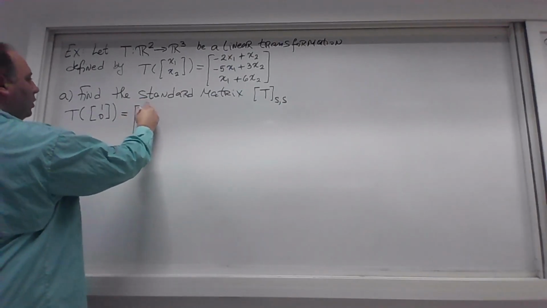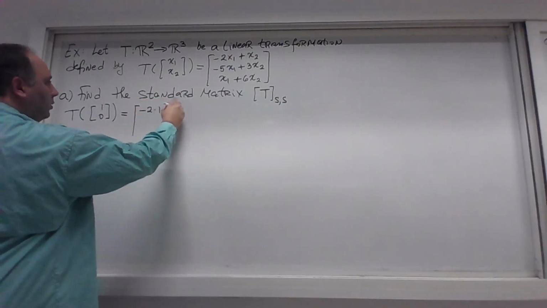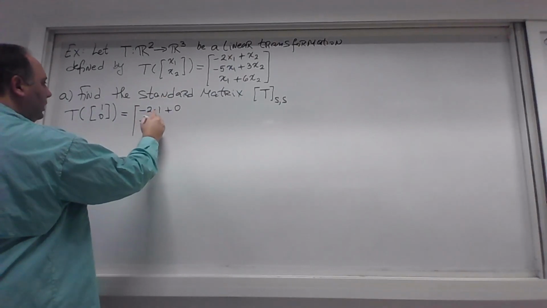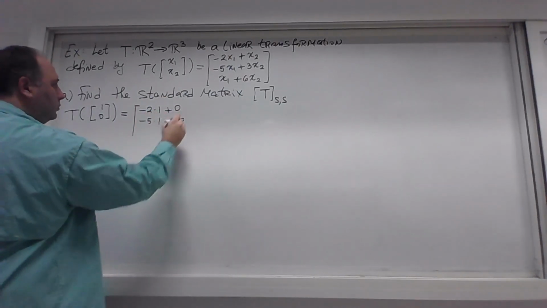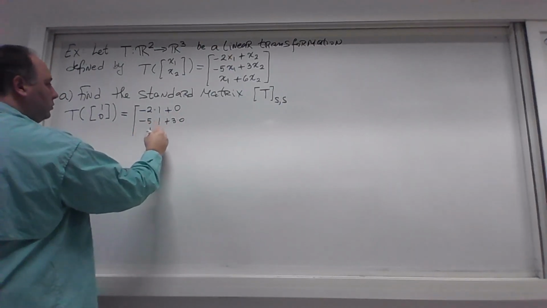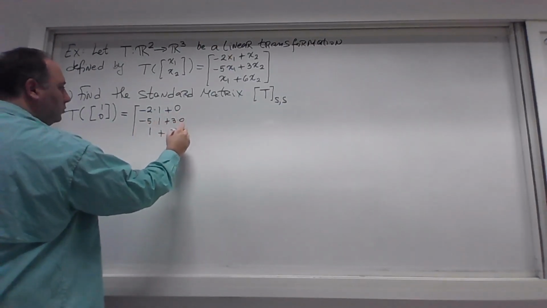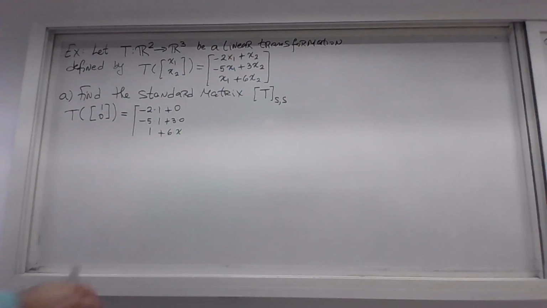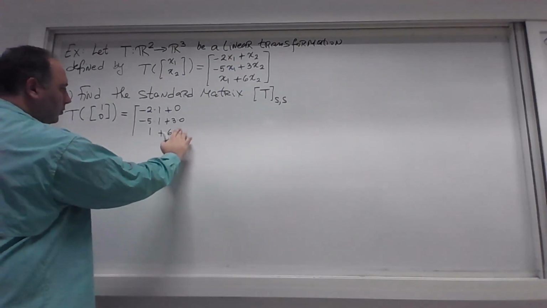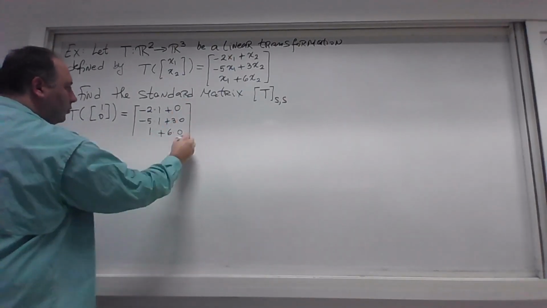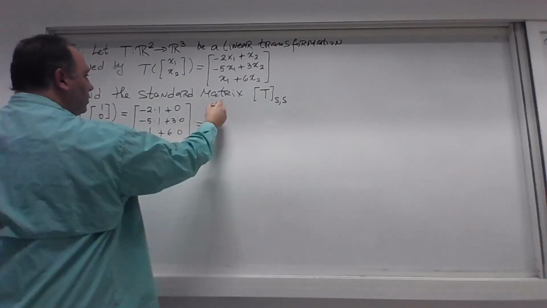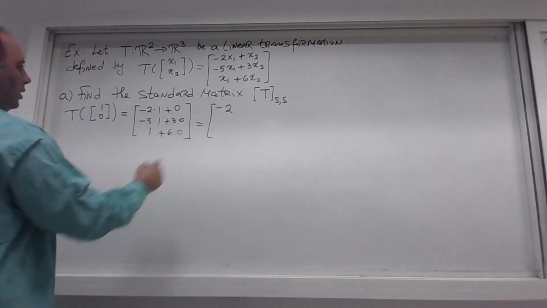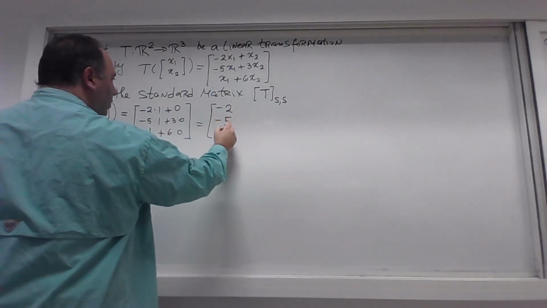So we have negative 1. I'm just going to write it in detail for once. Okay, so in this case, negative 2, negative 5.